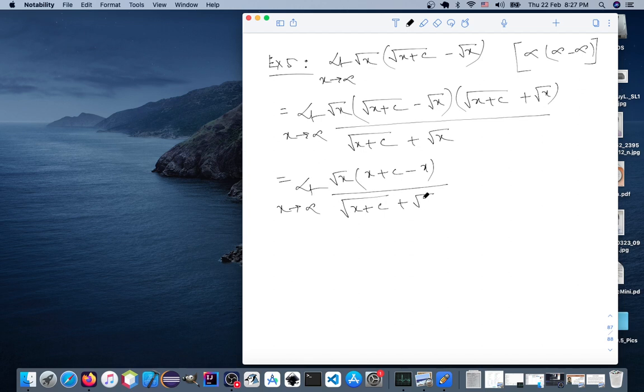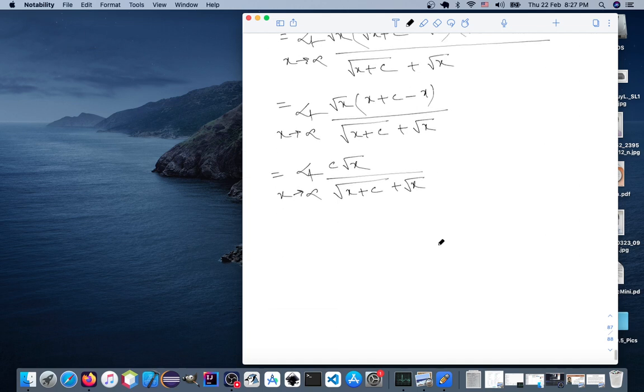So this further becomes c into root x divided by root over x plus c plus root x.